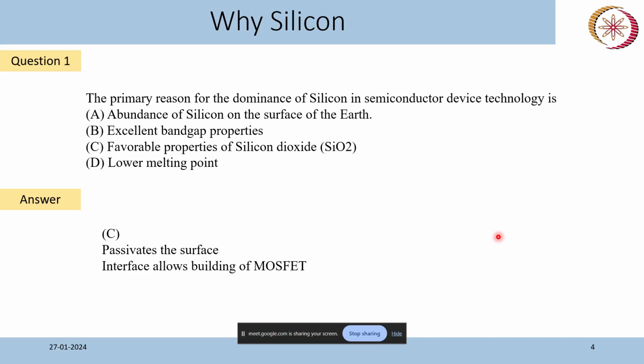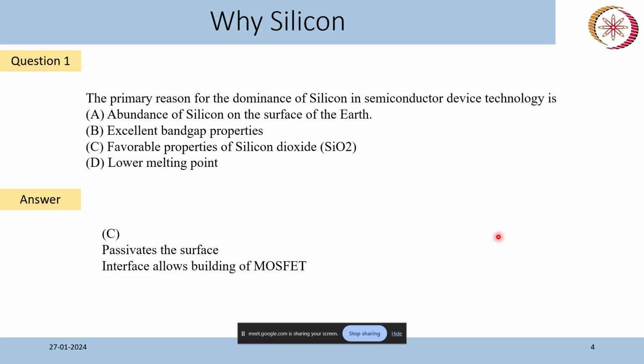Silicon wafers are made from silica, which is sand, but it involves a lot of processing and other techniques, and those techniques are also well developed. So that is also why silicon is used mostly in semiconductor devices.